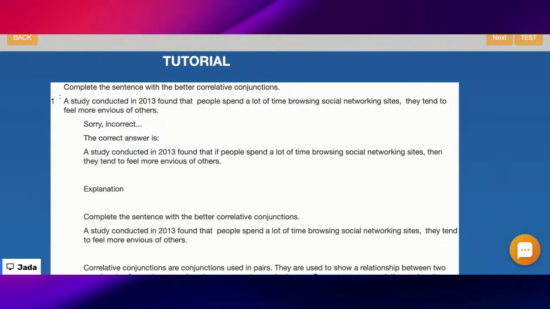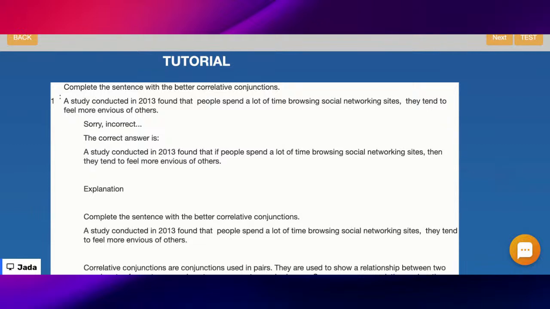So complete the sentence with the better correlative conjunction. Alright, so we have to get the best correlative conjunction. A study conducted in 2013 found that people spend a lot of time browsing social networking sites. They tend to feel more envious of others.